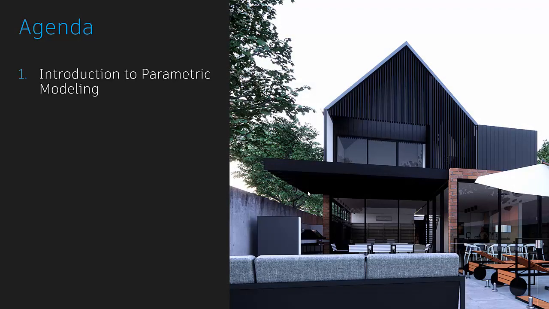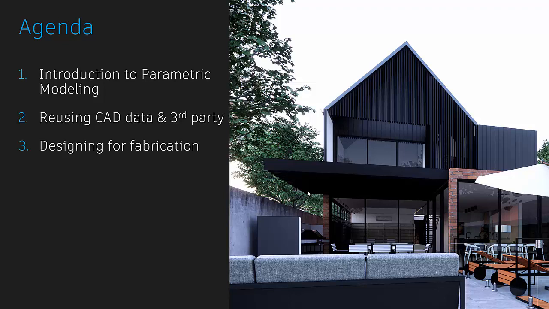So today's agenda is going to look at the basics of introducing you to parametric modeling. What is it all about? Moving from CAD to building information modeling. We'll be touching on reusing some of the CAD data and third-party plugins to accelerate your BIM usage.